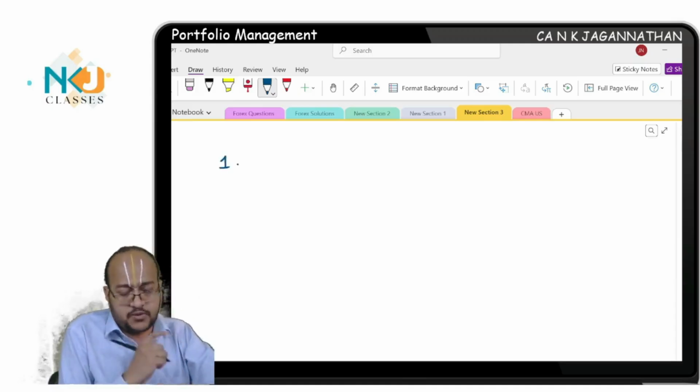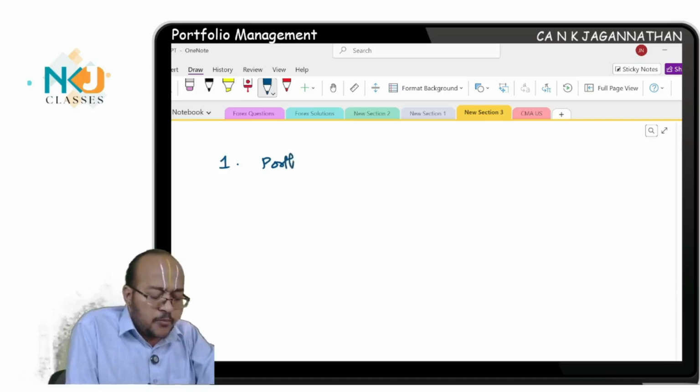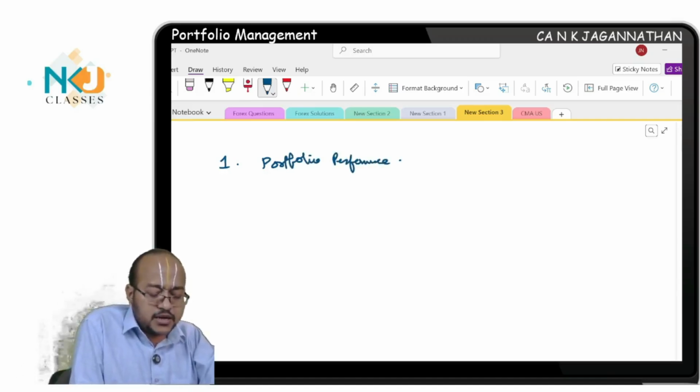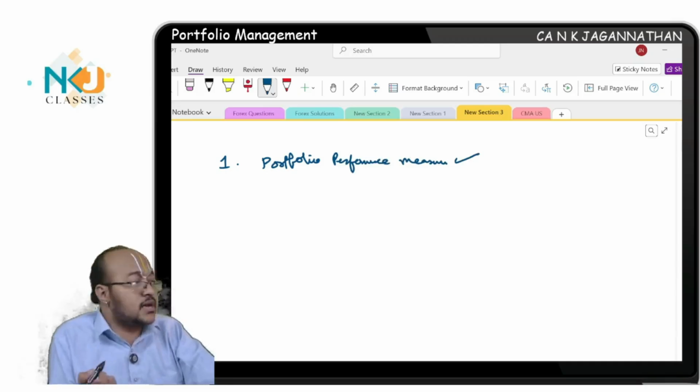Now, two important topics I need to cover. First, portfolio performance measures: the Sharpe ratio, Treynor ratio, Jensen's alpha, all these things.